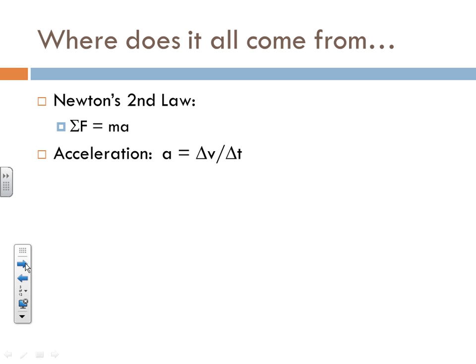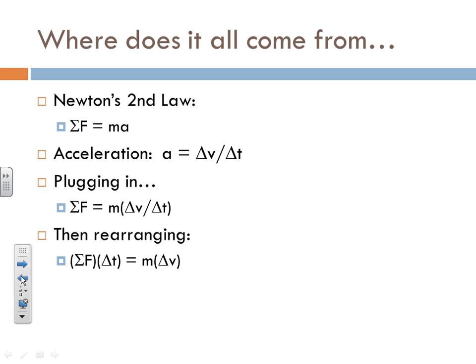If we take that equation for how we calculate the acceleration, we can plug that right into Newton's second law. Sigma F equals m times delta V over delta T. And then we do a little algebra, and we end up with this equation.